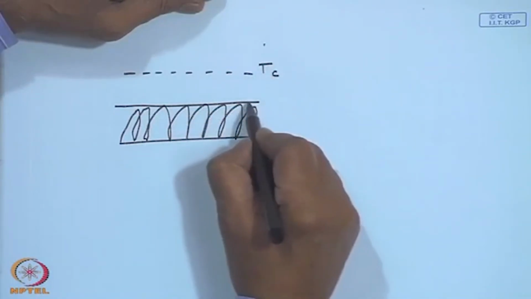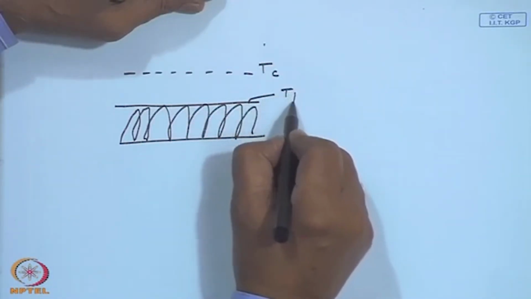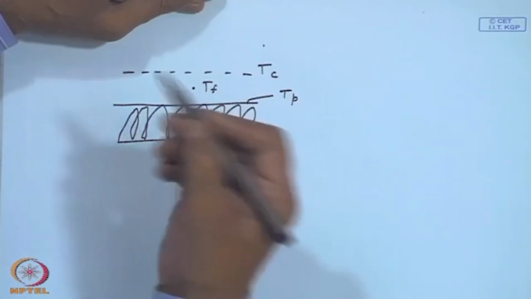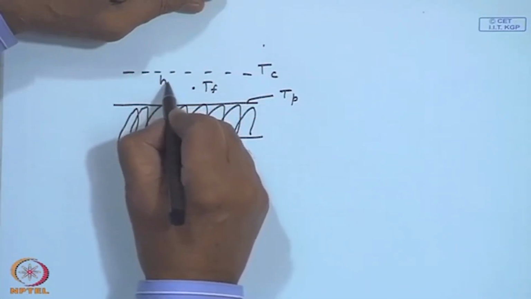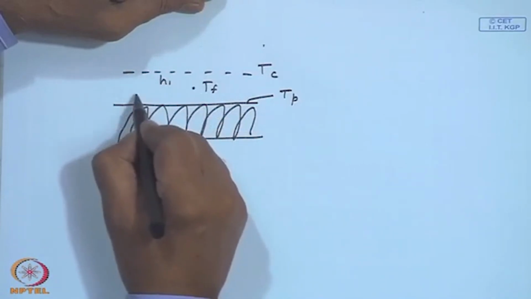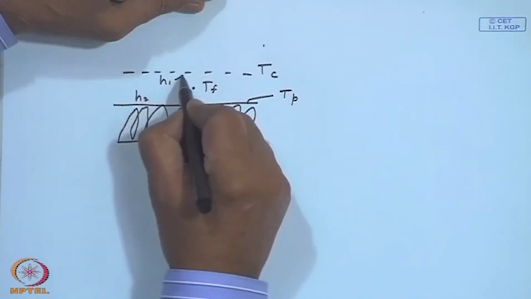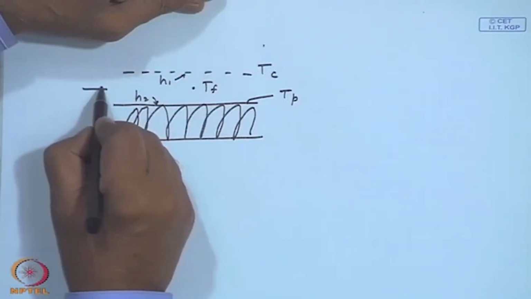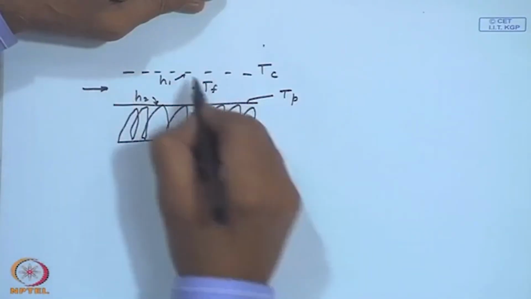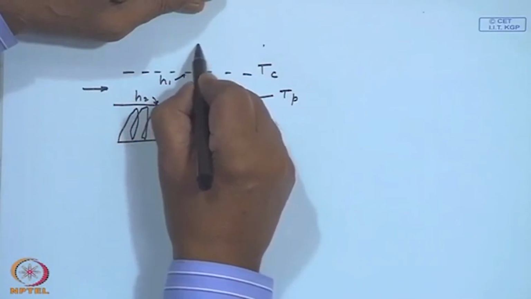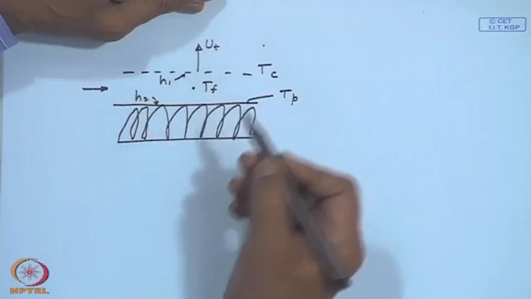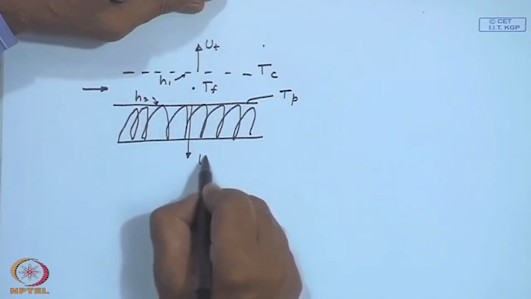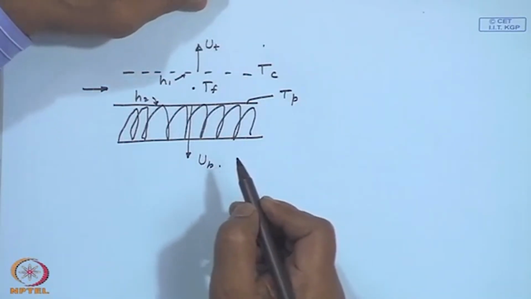The fluid is at T f with H 1 and H 2 as heat transfer coefficients. The flow is something like this, and this is U t, and you have got a U b, and this is my absorbing plate.